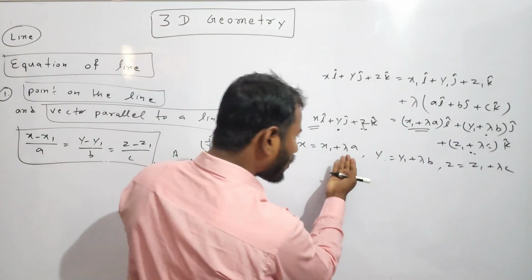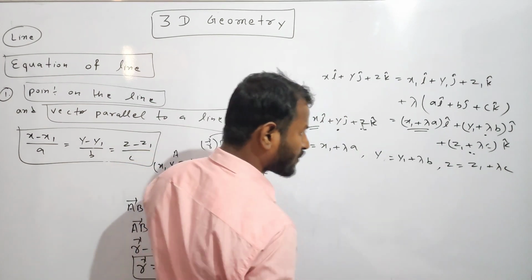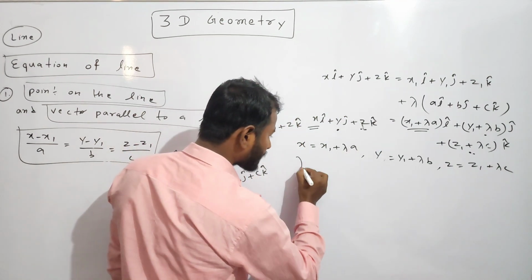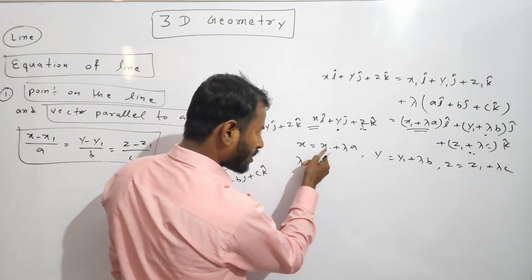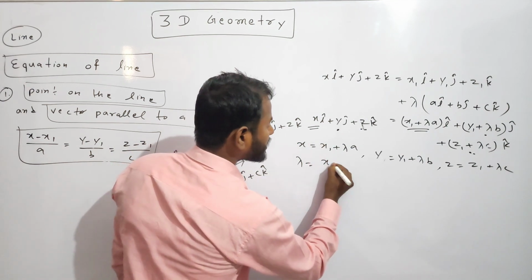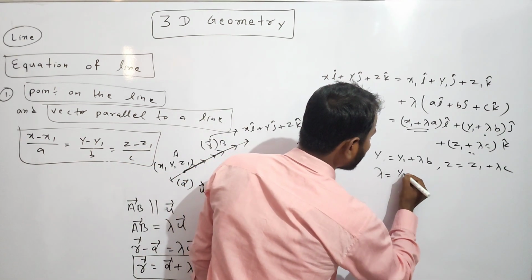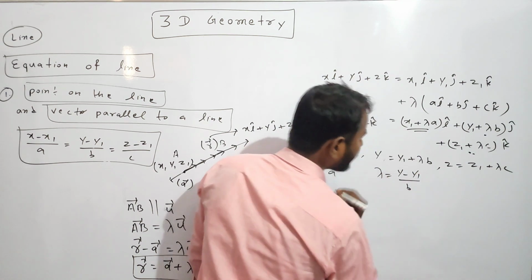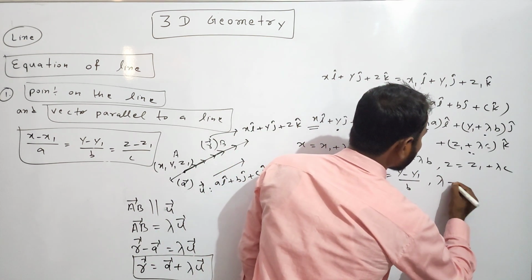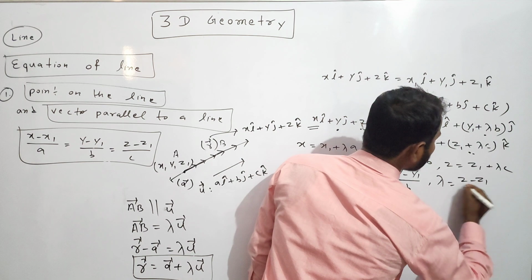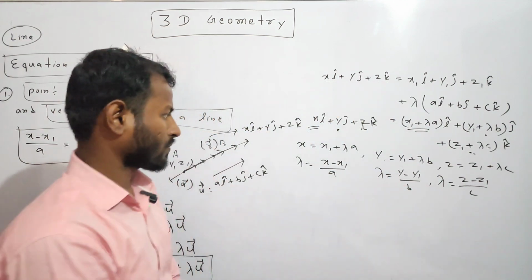If we calculate lambda from all three equations, we have lambda is equal to x minus x1 divided by a. Here lambda is equal to y minus y1 divided by b. Here lambda is equal to z minus z1 divided by c.